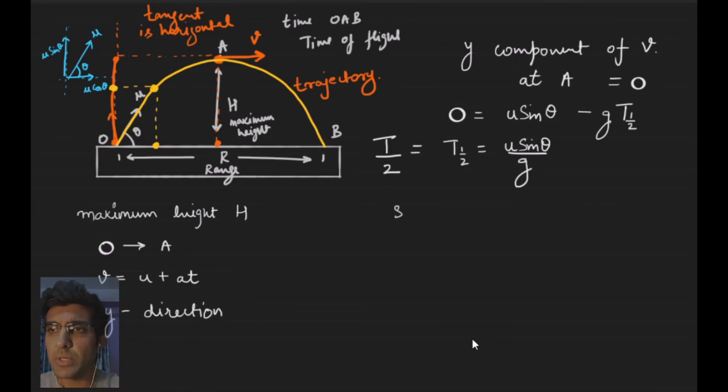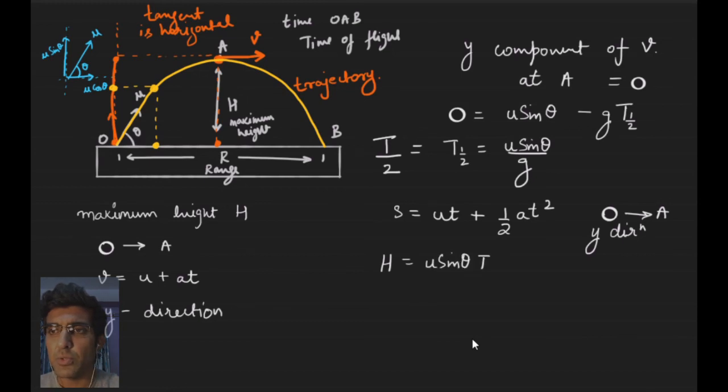Now we use the equation s equals ut plus half at square in the y direction from O to A to find the maximum height. The displacement in the y direction is H, the initial velocity is u sin theta upward, the time is T by 2, and the gravitational acceleration is minus g.